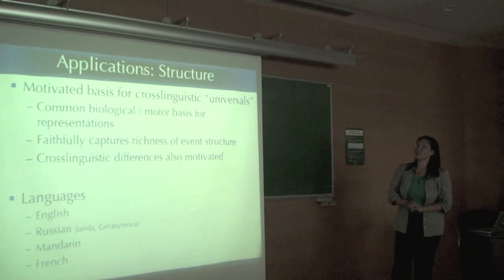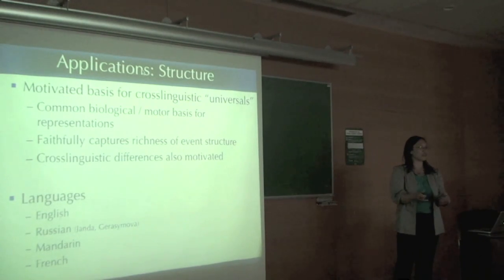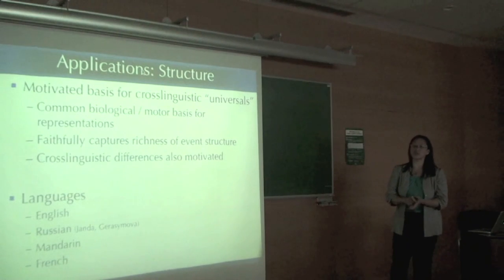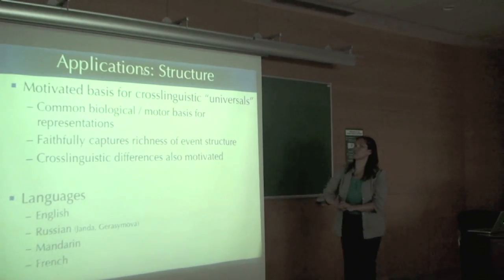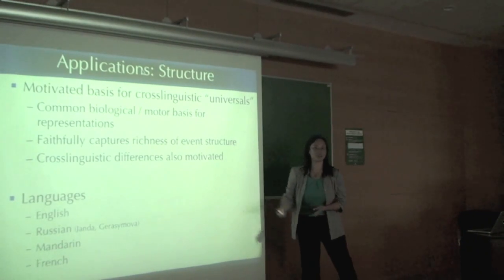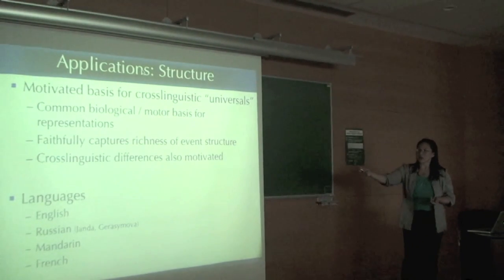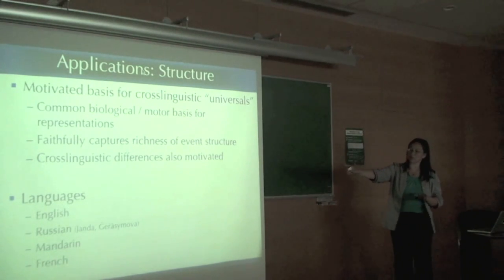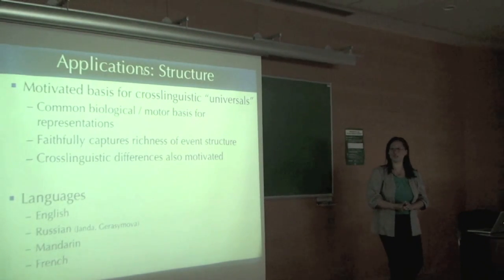And if we have a representation that captures the kinds of things we experience as humans, then maybe those rich features will be the kinds of things that actually show up in grammar across languages. So doing typological study, there has been a little bit more detailed work at these.